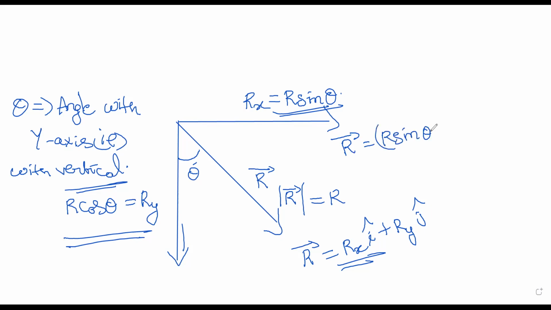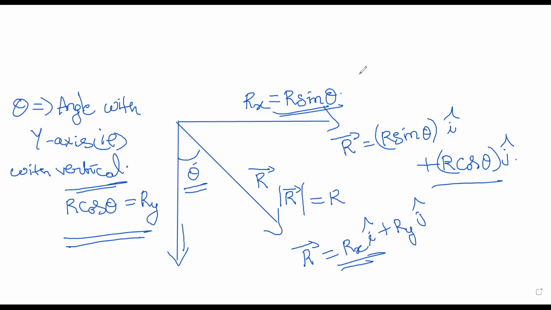Earlier you see that and this one are different, because the angle which we are considering has changed. So earlier you got r cos theta i cap and r sin theta j cap. Now it's looking reverse because the angle theta which is given is with respect to vertical, that is y-axis. I hope you have recognized this.